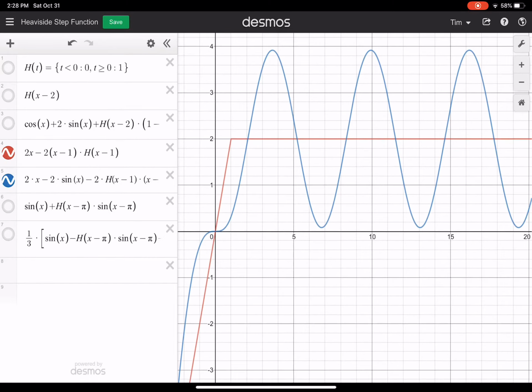It's a little harder to see here, but hopefully you can see that the solution starts at 0 and then increases. And notice that this oscillation never comes back to 0. My forcing term of 2 has shifted that oscillation above the x-axis in this case.